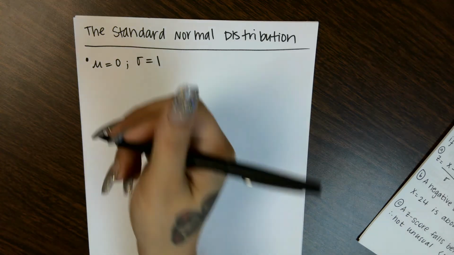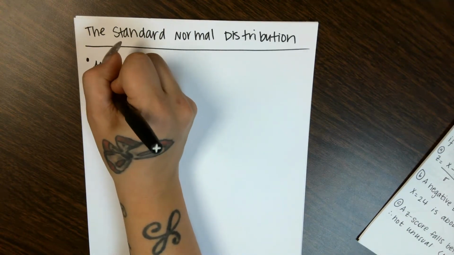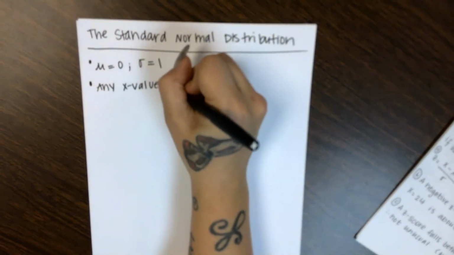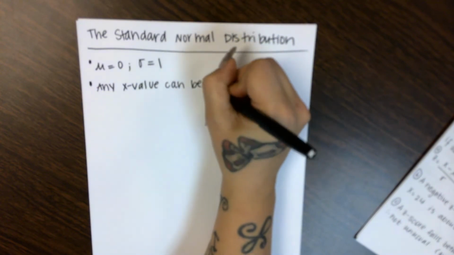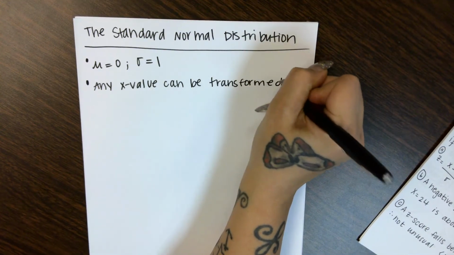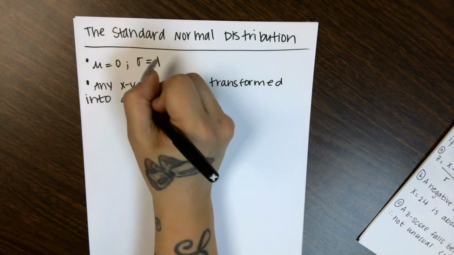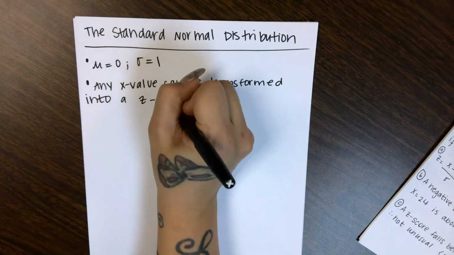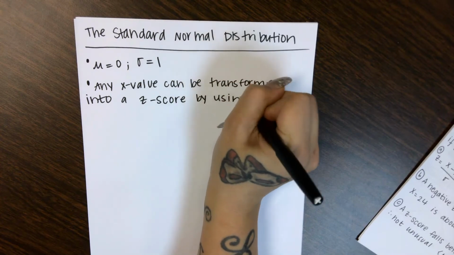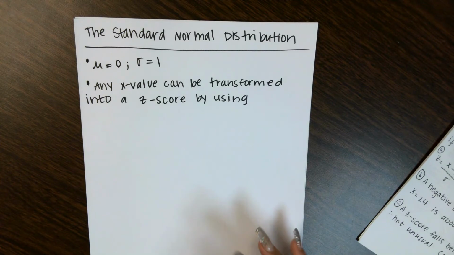Okay, and then my second bullet point is any x value can be transformed into a z-score by using a formula, which I would obviously give you on the test.